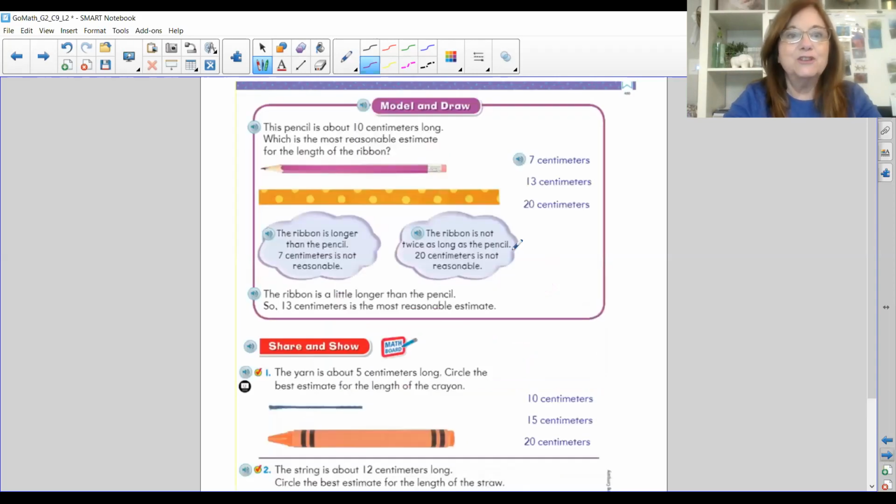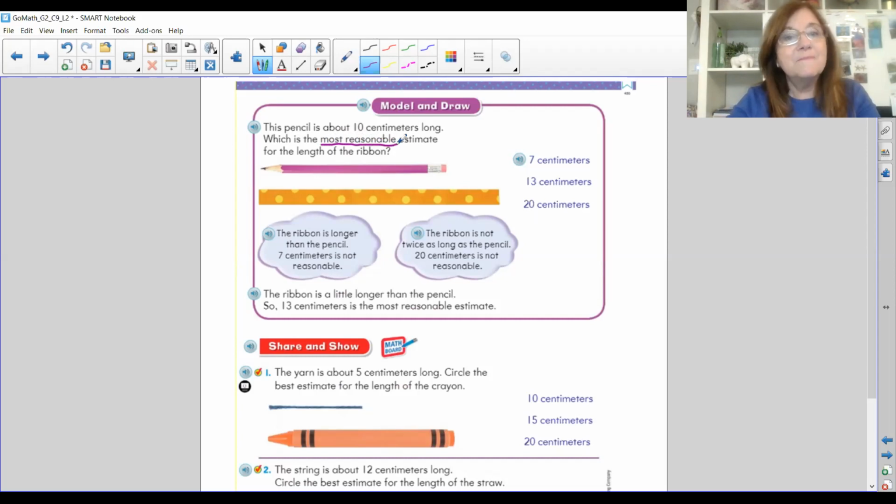So on our next page, it says, let's take a look at the pencil. This pencil is about 10 centimeters long, and that's the length that we're kind of dealing with today, 10 centimeters. Now, which is most reasonable? There's a very important word in math, and actually in life, and that is reasonable.